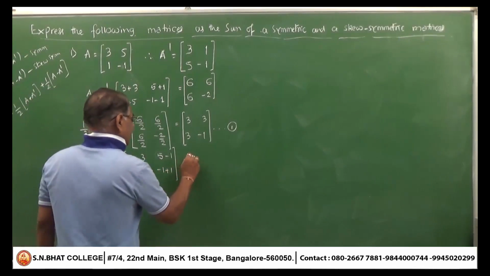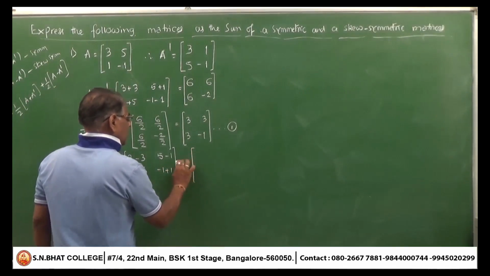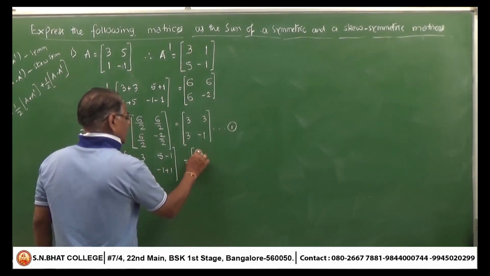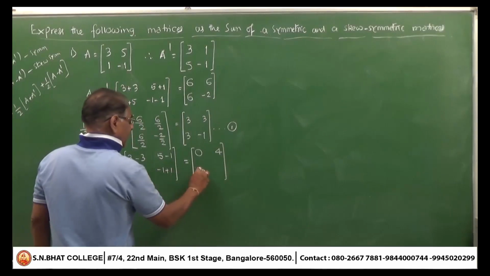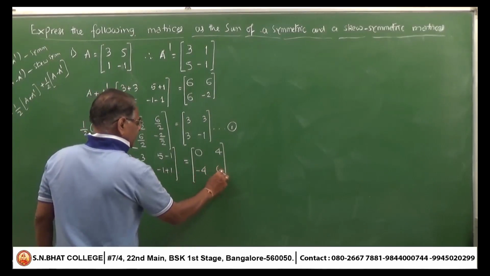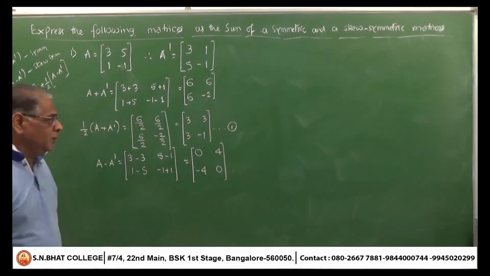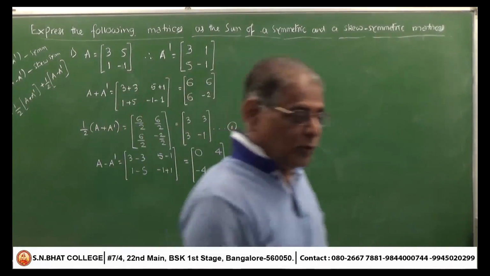This is nothing but 3 minus 3 is 0, 5 minus 1 is 4, 1 minus 5 is minus 4, and this is 0.